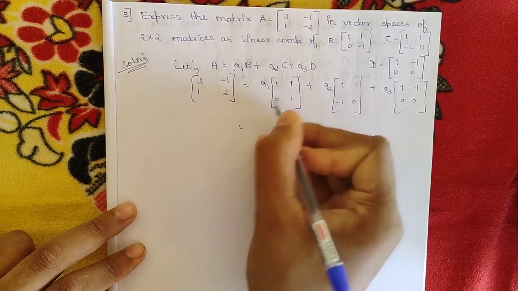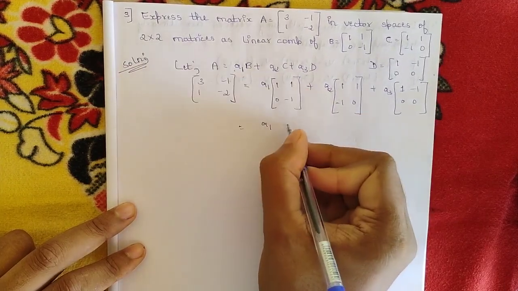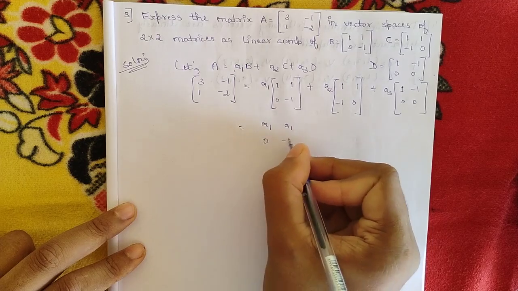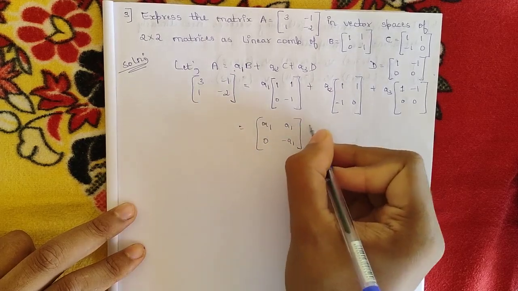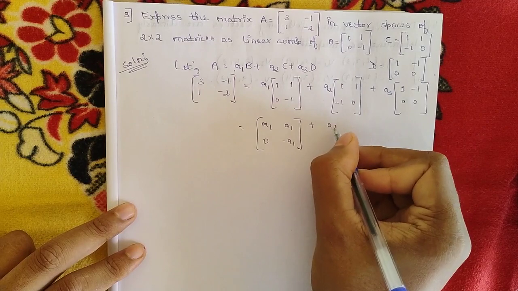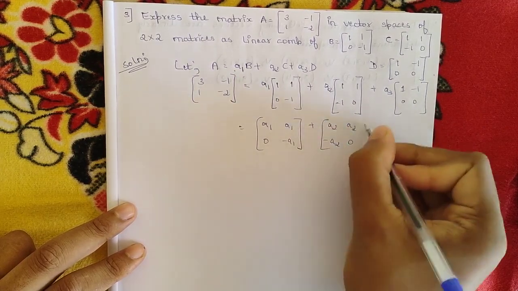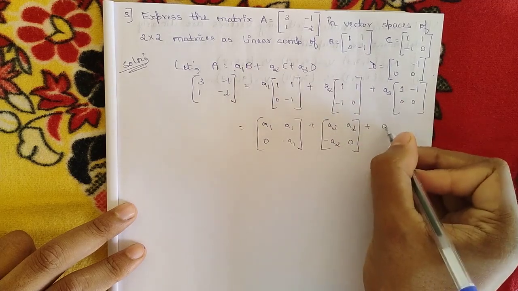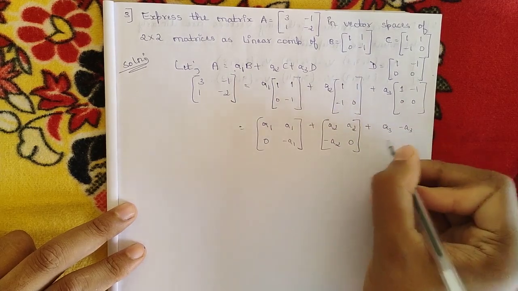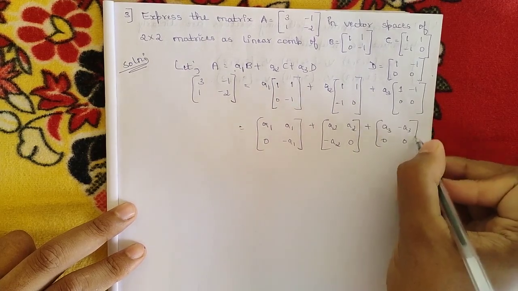So now multiply A1 here, so we will be getting A1, A1, 0, minus A1, multiply A2 here, A2, A2, minus A2, 0, multiply A3, A3, minus A3, 0, 0, right?